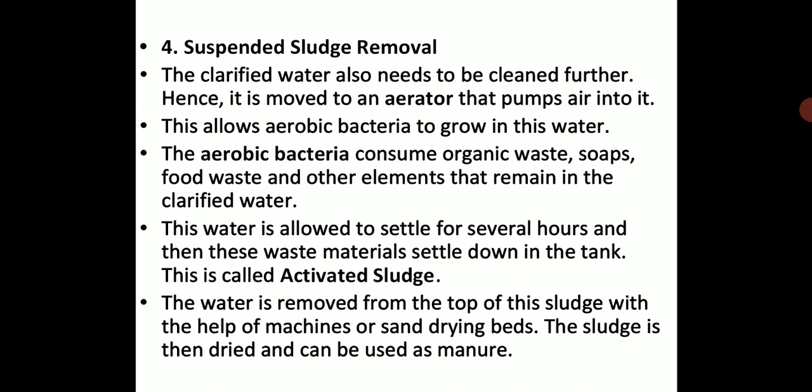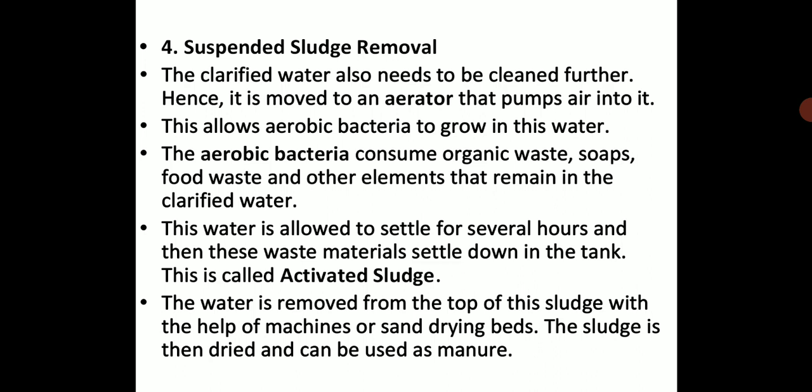sewage water is treated. This water is allowed to settle for several hours, and then this waste material settles down in the tank. This is called activated sludge. So these are the various procedures, one after the other. Scientifically it has to be taken because you have to deal with all kinds of contamination in water.